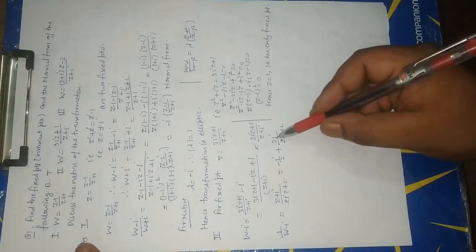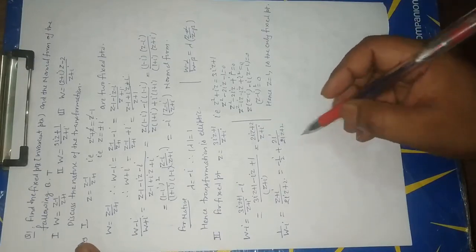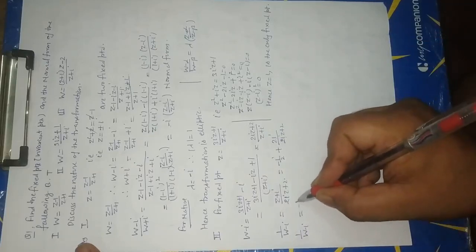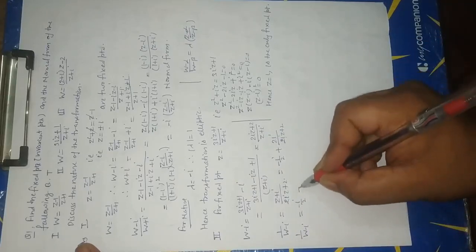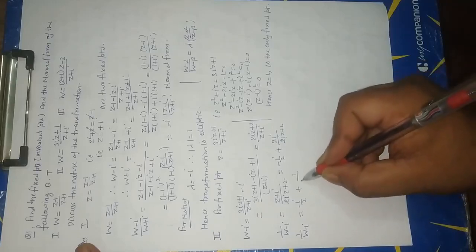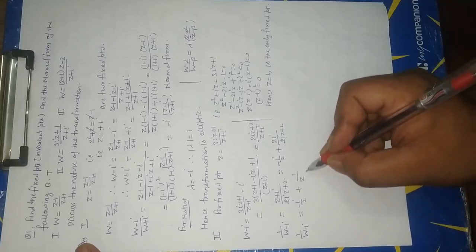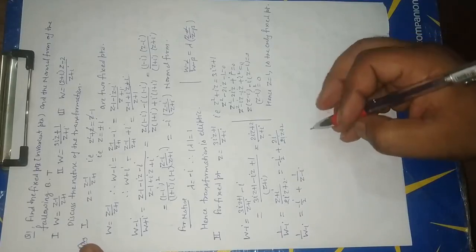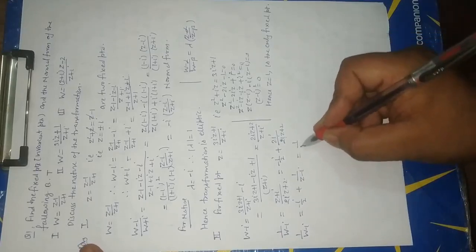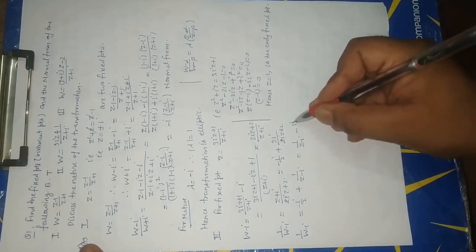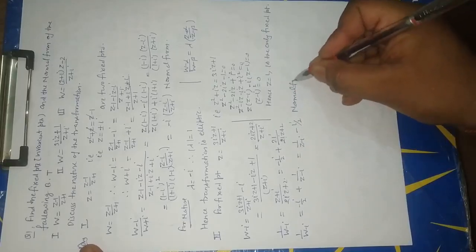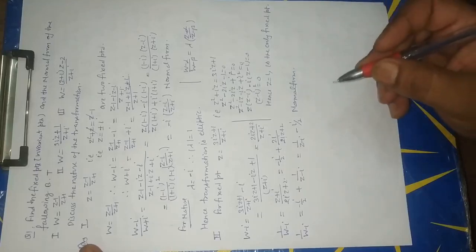Now taking 2i common in the denominator, 1 upon W minus i equals minus i by 2 plus 1 upon (Z minus i) by 2. This is the normal form.